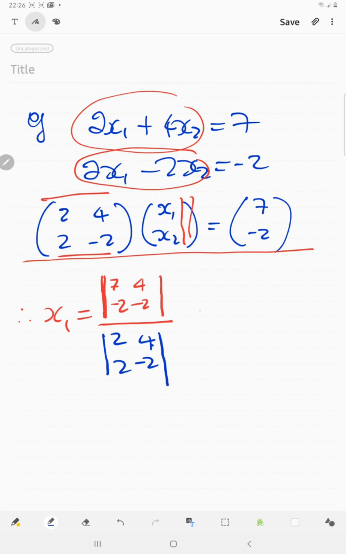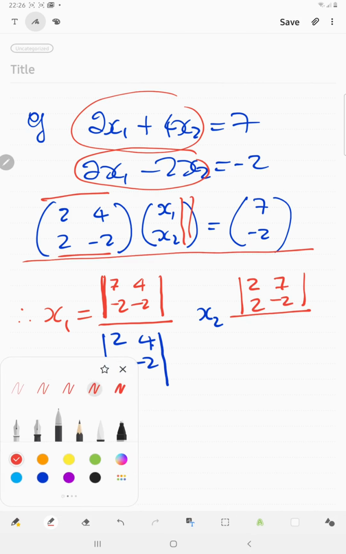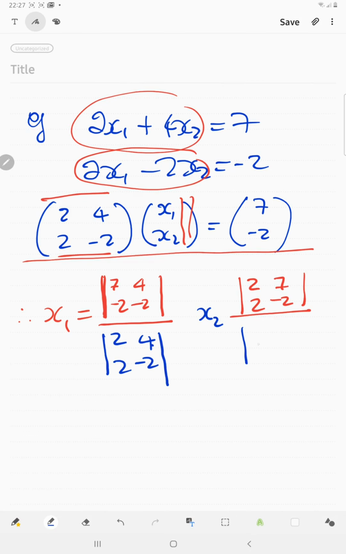I can get that determinant. Now, for x2, I can get the solution from the determinant of 2, 2, 7, negative 2, and then for the denominator I can get 2, 2, 4, negative 2. So can you see the way it is?